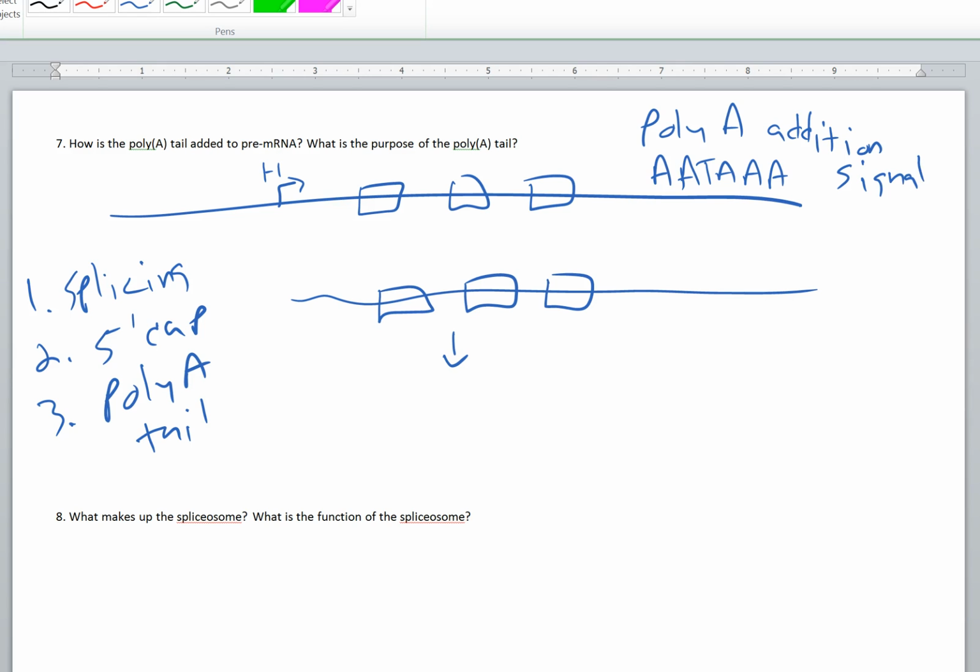Very good. Then when we transcribe that, it becomes AAUAAA. But that's not where the poly A tail gets added. There's a protein that binds that, and it's called the.